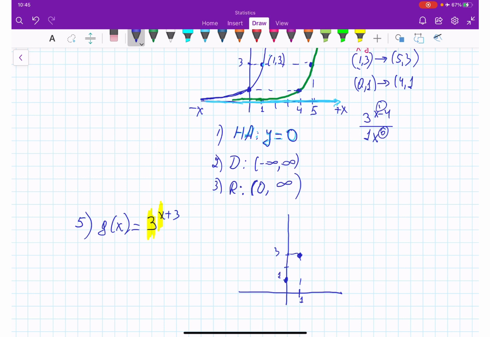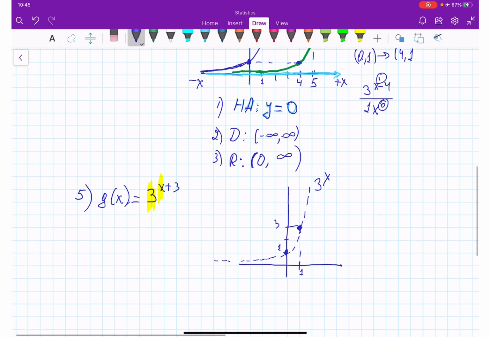So my graph is going to go through 3 to power 1, it's 3 to power x. Now 3 to power x plus 3, so it's going to shift by 3, which means what's going to happen to our points, 1 and 3?